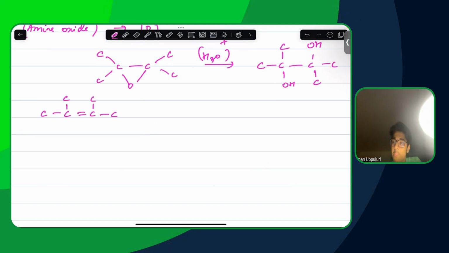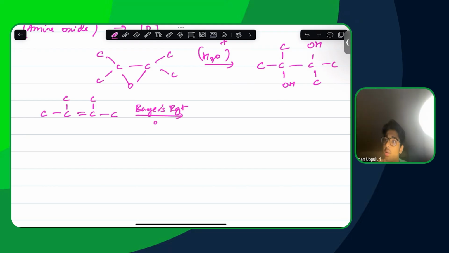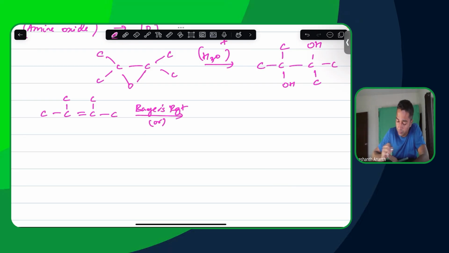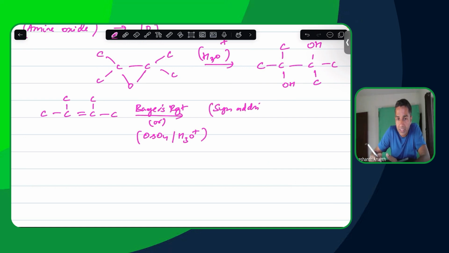If I react with, say, Baeyer's reagent, which is cold dilute alkaline KMnO4, or osmium tetroxide followed by hydrolysis, what is expected to happen here? You are supposed to have syn addition, correct? So they expect this reaction to give you syn addition only, not anti-addition.